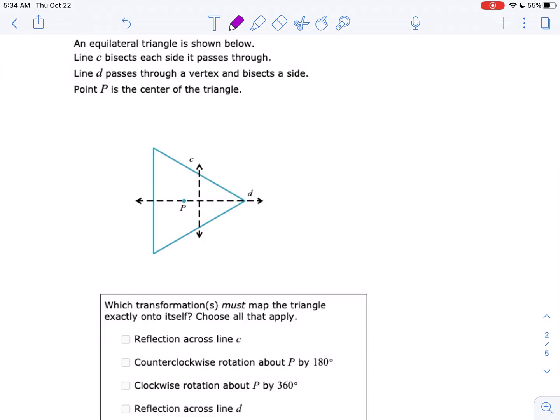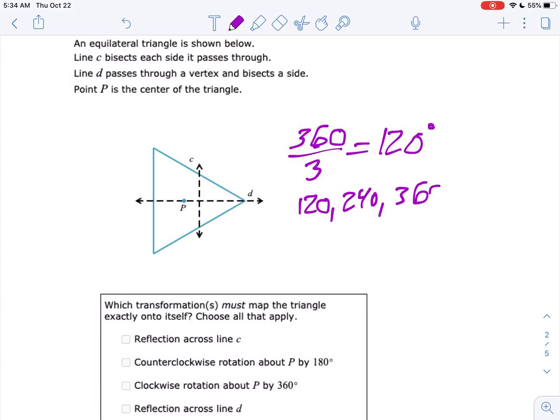Since it's an equilateral triangle, we take 360 divided by the order, which is 3, because there's 3 points where it's going to be exactly the same. So any multiple of 120 degrees is going to have rotational symmetry. So 120, 240, and 360 would be your rotational symmetry.